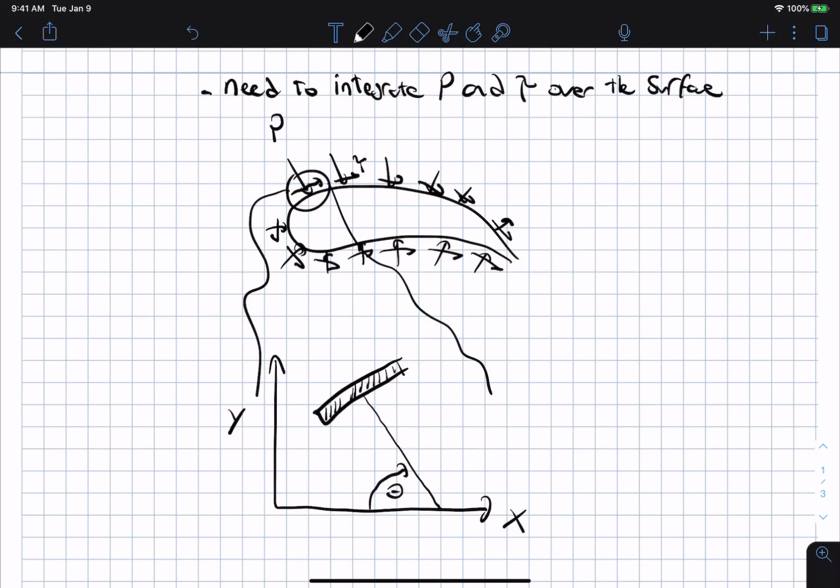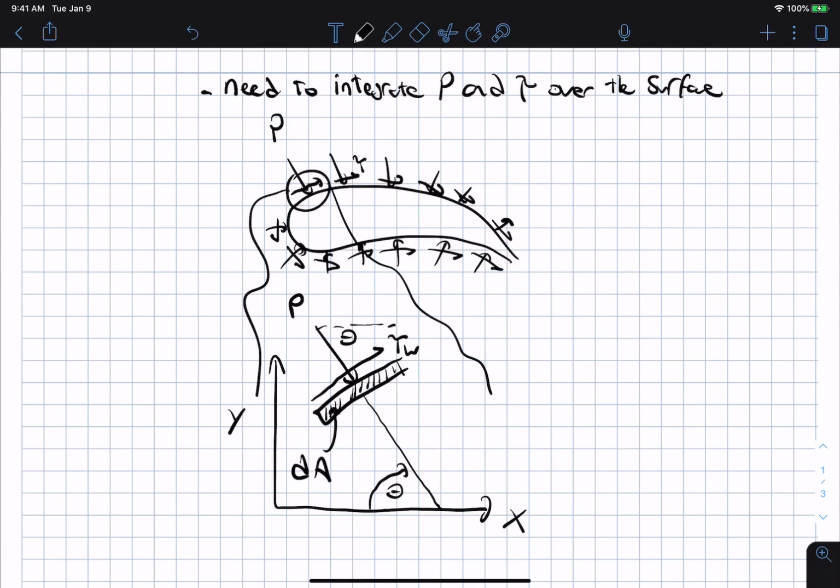Just be aware of that. And this is a small little patch. I'll call that area dA. And you'll have some pressure force that's pushing down on it. And so that's P, and that direction here would be theta. And you have some tau wall that is trying to drag up on it.